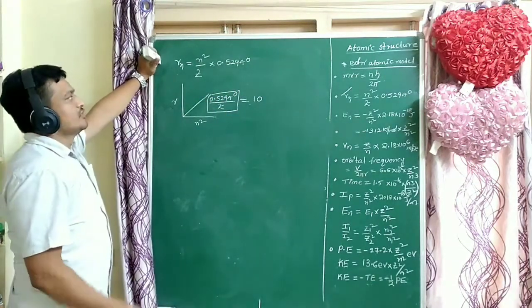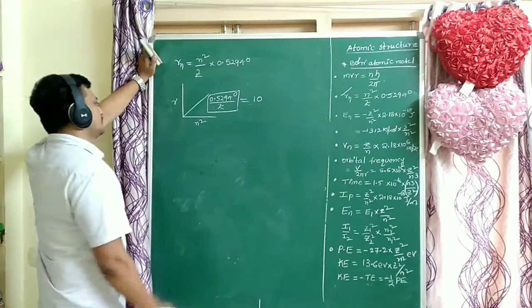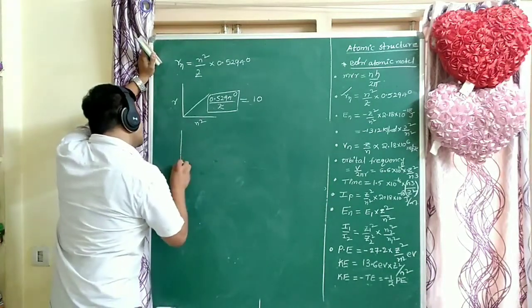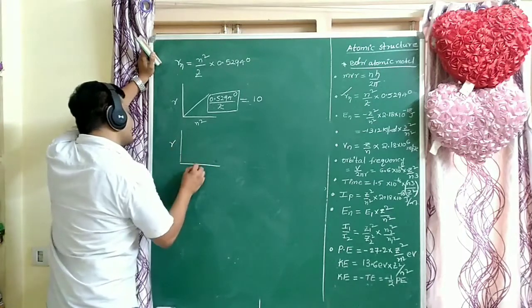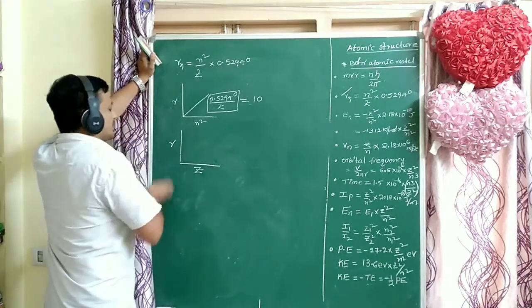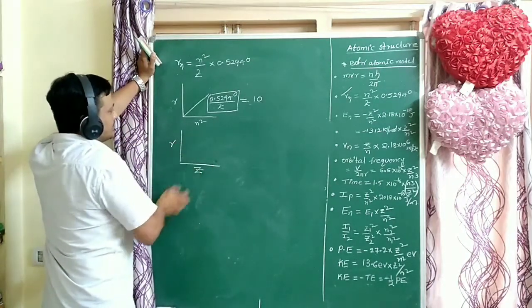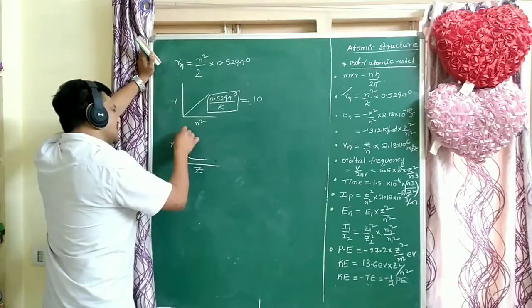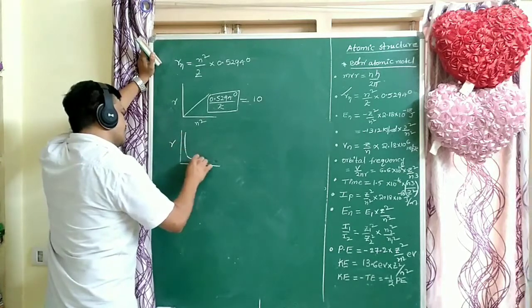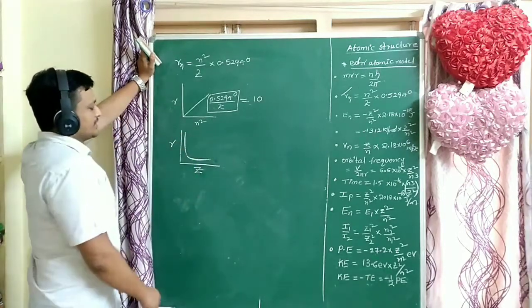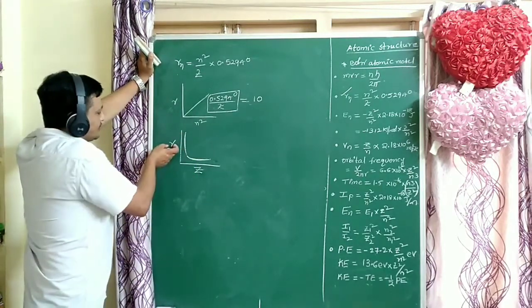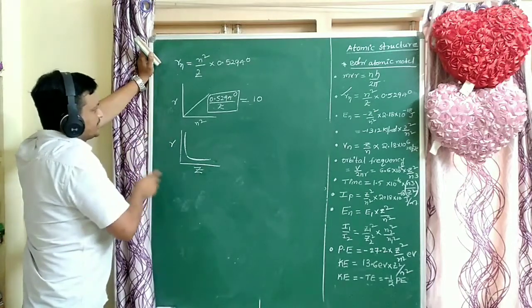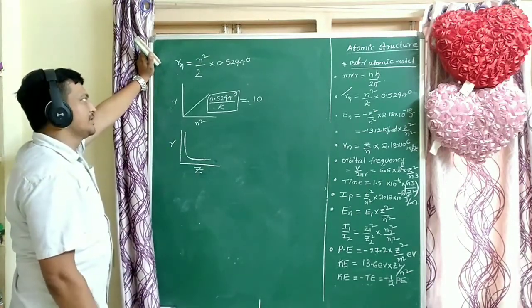For the graph between radius and Z for a particular orbit, they are inversely proportional. As Z, the atomic number of the element, increases, the radius of the particular orbit decreases.